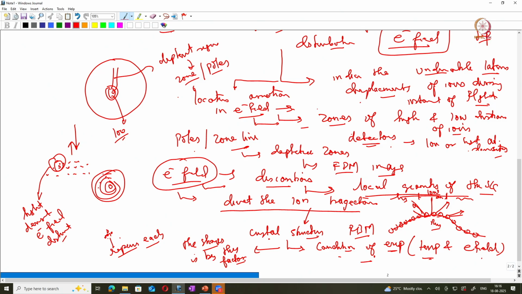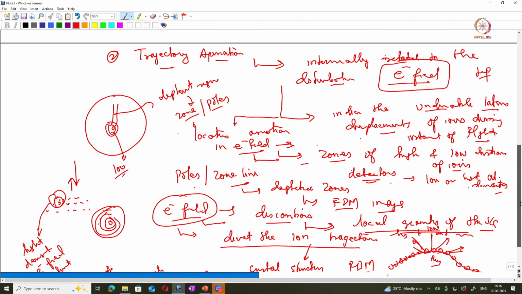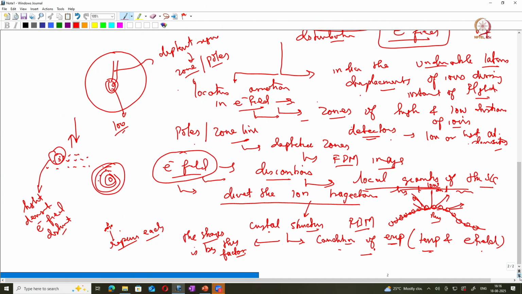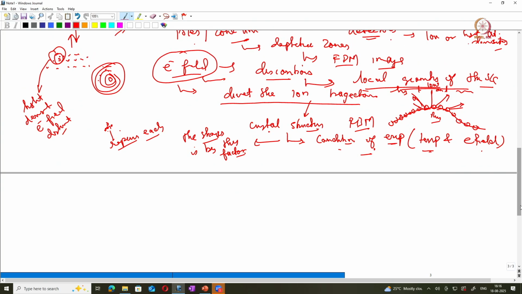As I told you, these trajectory aberrations are of two kinds. So one is intrinsically related to the atom probe tip and the electric field distribution in the vicinity of that. There is another kind of trajectory aberration from precipitates.